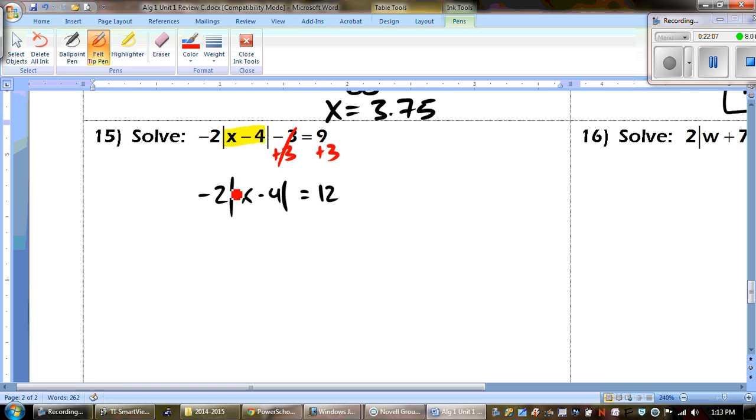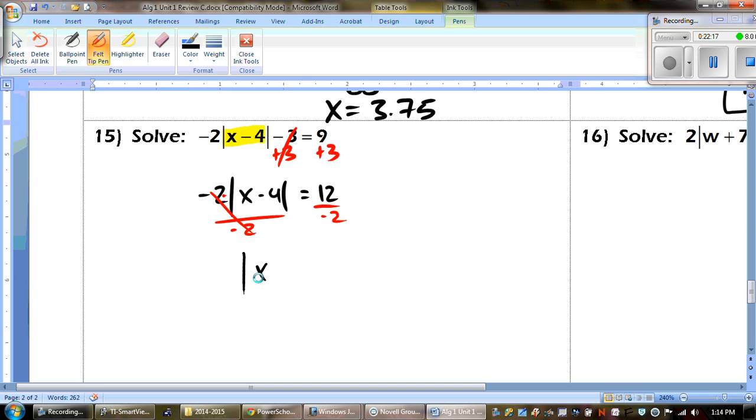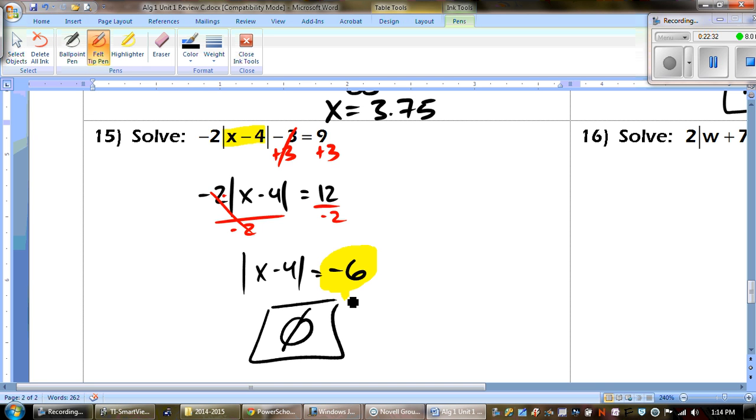The next thing we have to cancel is the multiplication, and the inverse of multiplication is division. So what we're left with is the absolute value of x minus 4 equaling negative 6. When we look at that, we have an absolute value equaling a negative, and that can't happen. So our answer is no solution.